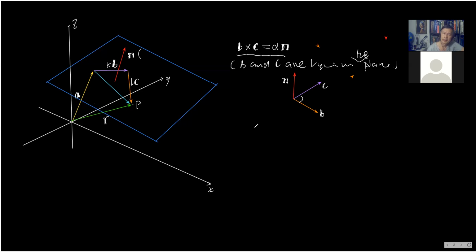So basically, R take A is equal to this difference, which is also equal to KB multiply LC.